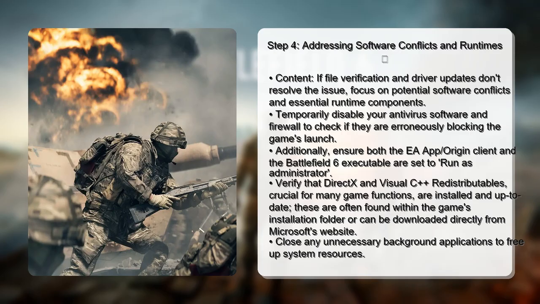Additionally, ensure both the EA app or Origin client and the Battlefield executable are set to run as administrator. Verify that DirectX and Visual C++ redistributables, crucial for many game functions, are installed and up to date. These are often found within the game's installation folder or can be downloaded directly from Microsoft's website. Close any unnecessary background applications to free up system resources.